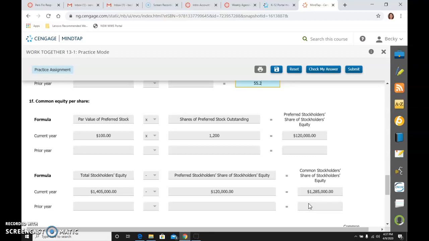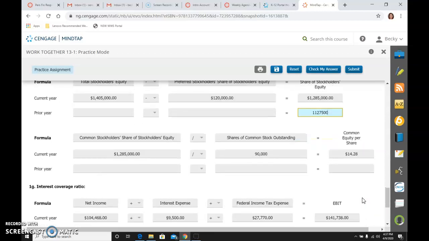So then the common equity per share. This is a long one. So first we come up with the preferred stockholder share. The prior year it's going to be 100,000. I think I have enough zeros. And then I come up with the just common stockholder share of equity. And again, you can pause if you need to copy and see how you're doing.